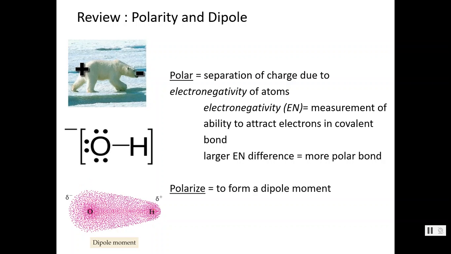And I know that because oxygen is more electronegative than hydrogen based off of the electronegativity table that was in the Lewis dot structure chapter. So you'll want to review this concept of electronegativity and have your electronegativity table in front of you when doing these problems with regards to intermolecular forces, because the ones for dispersion force and dipole-dipole deal with being able to determine if a molecule has a dipole.